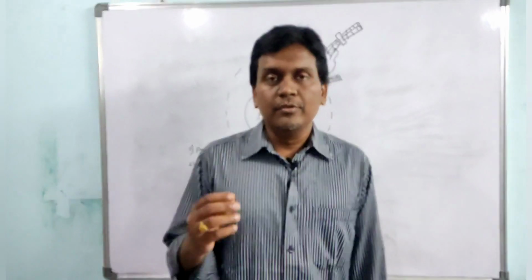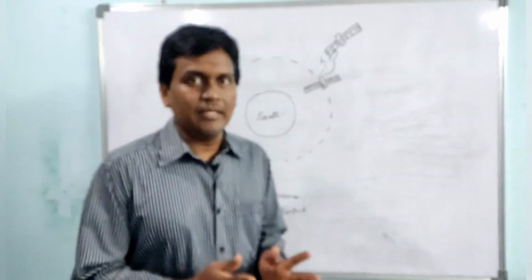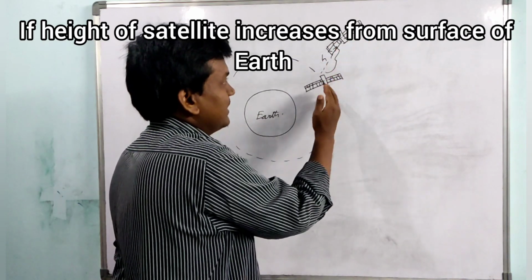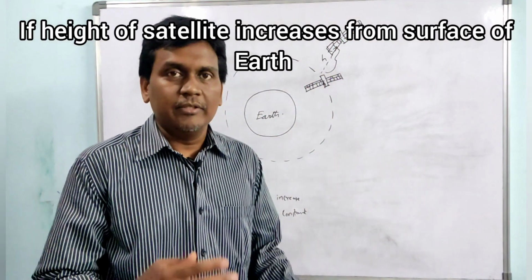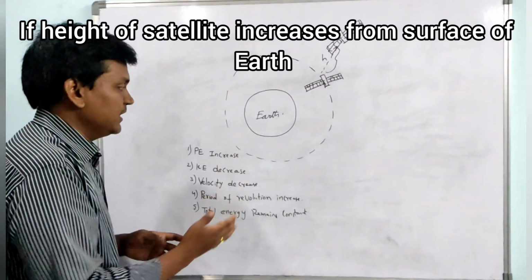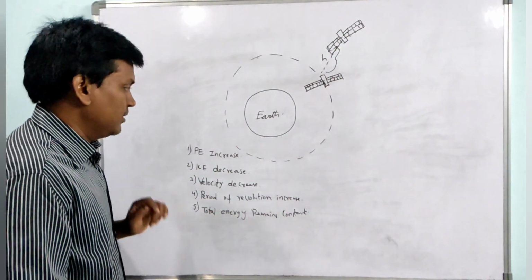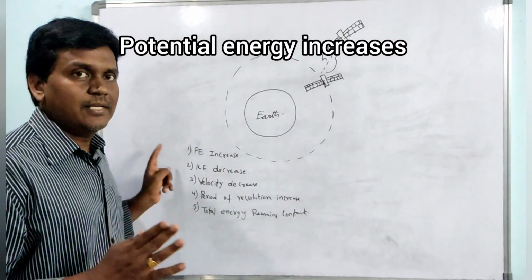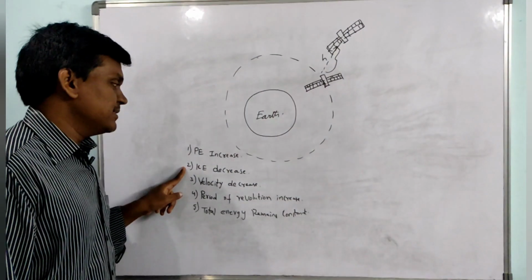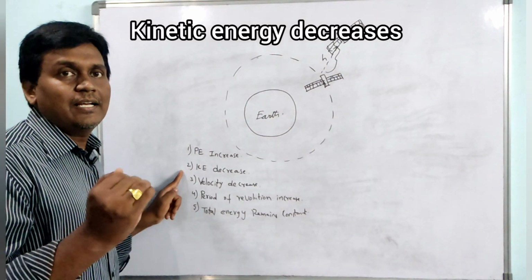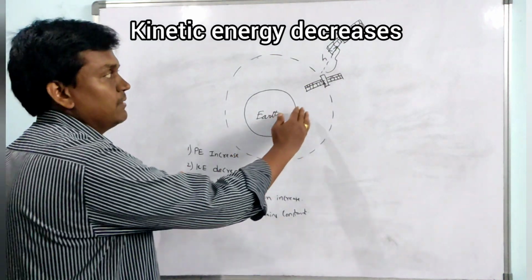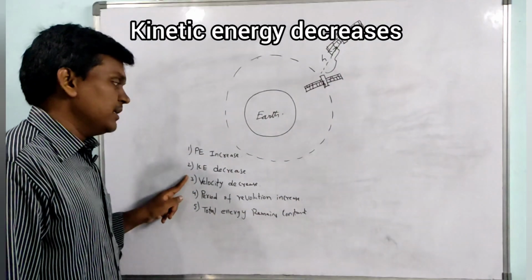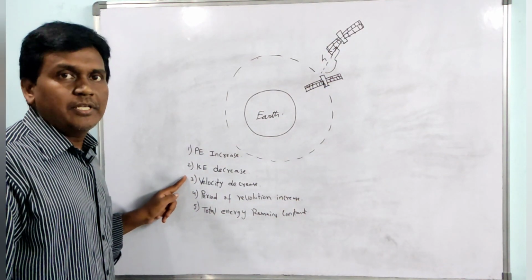And here, the minimum height is 100 kilometers, and if the height of the satellite increases from the surface of the earth, these things will happen. As the height increases, the potential energy will increase. And as the height increases, kinetic energy will decrease. As it is going away from the surface of the earth, the kinetic energy will decrease, and as the kinetic energy decreases, velocity also will decrease.